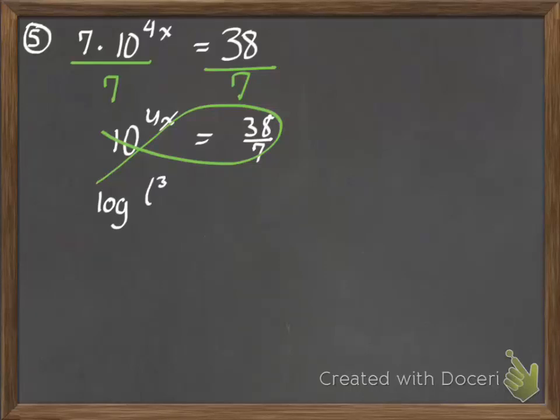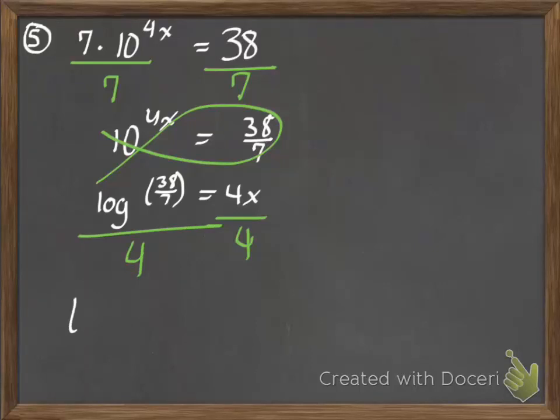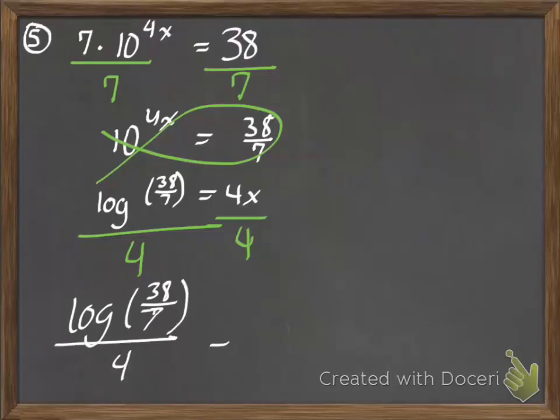Of 38 sevenths is equal to 4x. Now how do I get the 4 away from the x? So log base 10 of 38 sevenths divided by 4 is my answer.